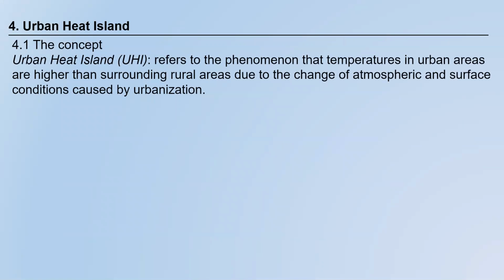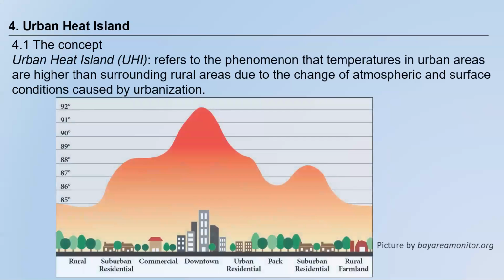Urban heat island is called UHI. It refers to the phenomenon that temperatures, could be air temperature, could be surface temperature, in urban areas are higher than surrounding rural areas due to the change of atmospheric and surface conditions caused by urbanization. So this is an illustration of urban heat island.